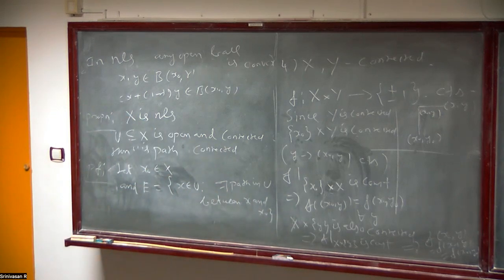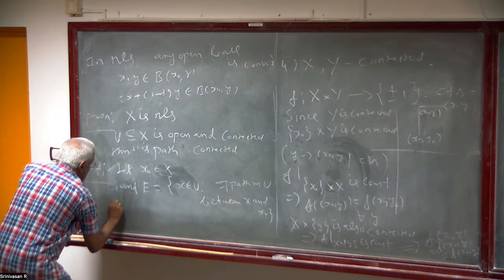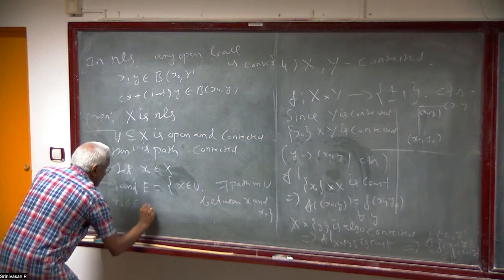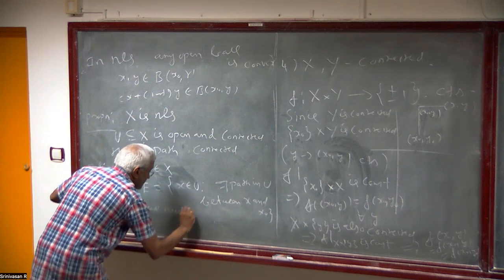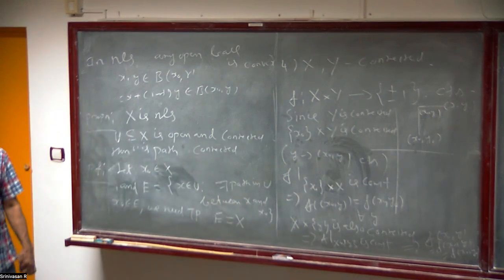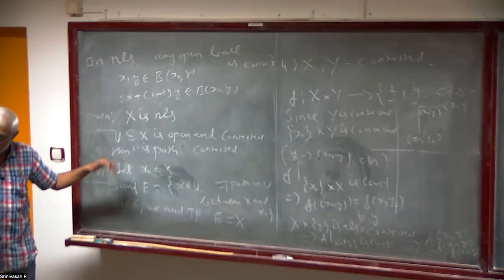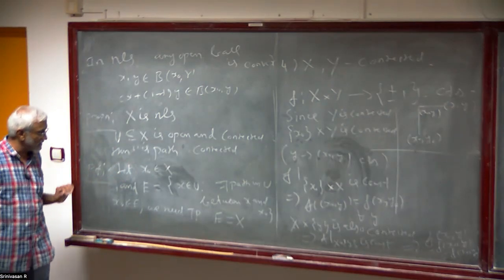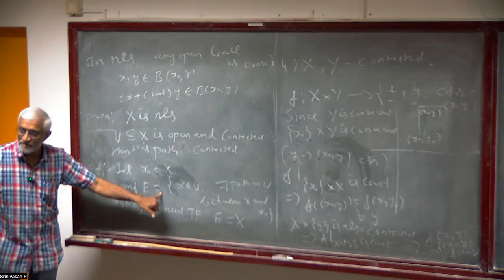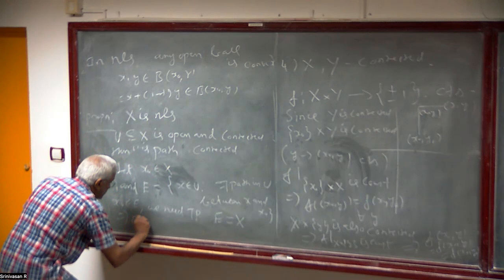We need to prove that this E is everything. That's all. Clearly x naught is in E. We need to prove E equals U. And of course there is a path from x naught to x naught, so there is no problem with that. So E is non-empty.